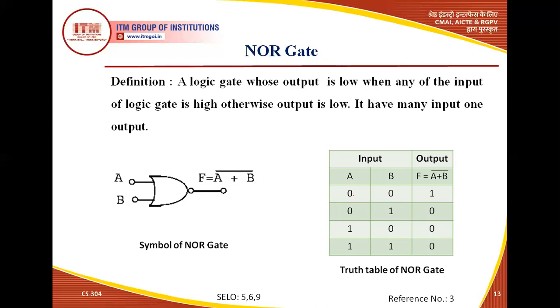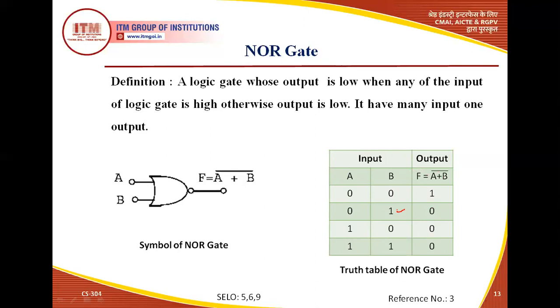If we give the input 0 0, it will produce the output low, and for inputs 0 1, 1 0, and 1 1, that means if any of the inputs is high, the OR gate generates the output high. So in the last 3 cases, you see that the input is 1, so we will definitely get the output 0 from the NOR gate.